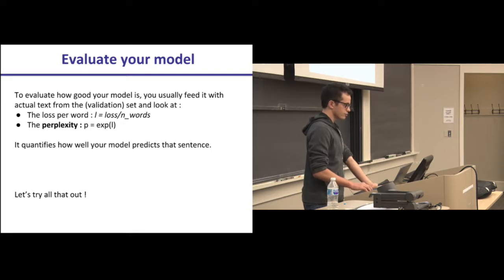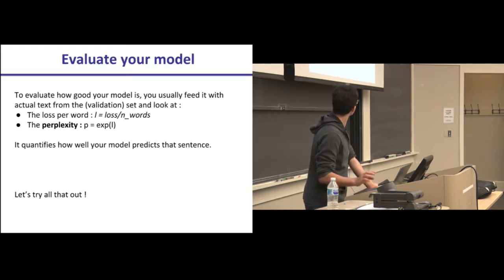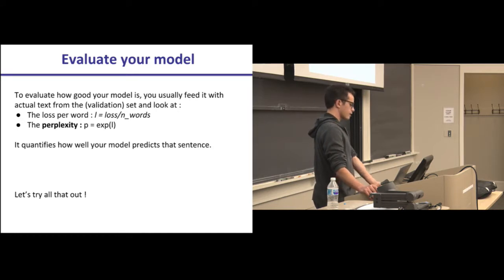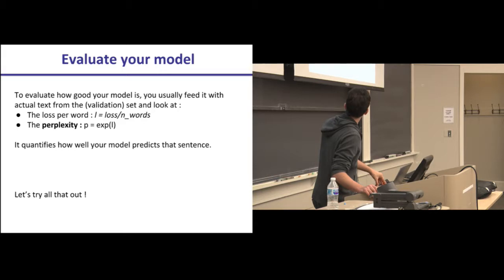Now, you need to do your training, and you need to evaluate how good you are to know when to stop. To do that, you can look at the cross-entropy loss. But the loss is actually the sum of the loss for all of the words of your sequence, so it's hard to know if it's good when it's proportional to your number of words. So usually the metric you use is the loss per word: you divide your loss by the number of words in the sequence.